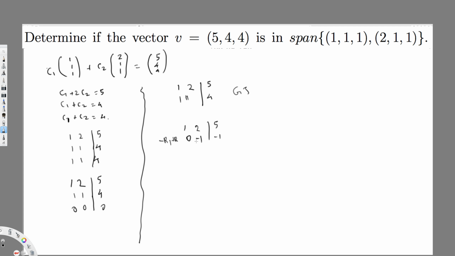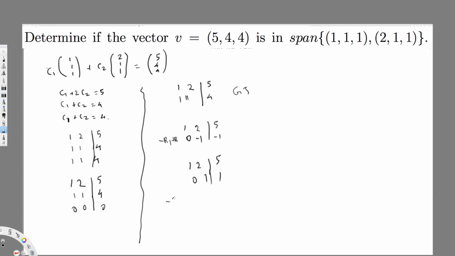Since this is negative, I have to bring it into positive format. To do that, I have to simply multiply this one by negative 1. So it's going to be 1 2 5, 0 1 1. After that, the first equation is not in the Gauss-Jordan format. To bring it in the Gauss-Jordan format, I have to simply multiply the second equation by negative 2 and add it to the first equation.